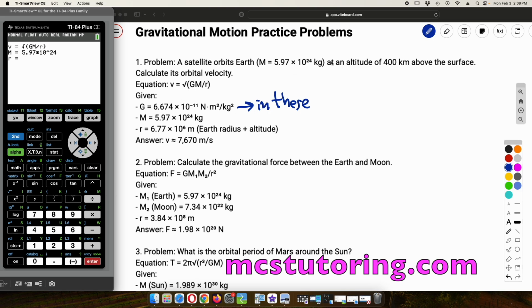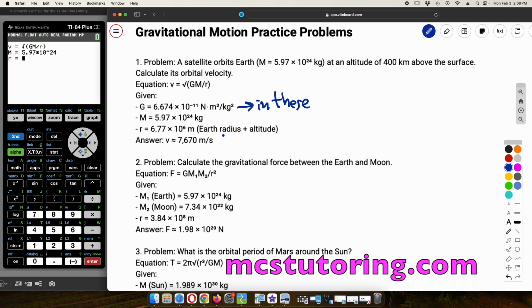And then the radius. Now this is what's so diabolical. It's whatever the Earth's radius is plus that 400 kilometers. And again, this has all the hallmarks of a nasty physics problem. You have to give it in meters. This is kilometers, so that's 400,000 meters, or 4 times 10 to the 5.